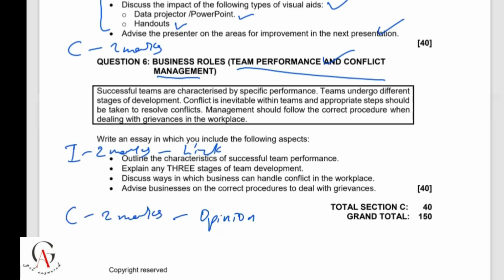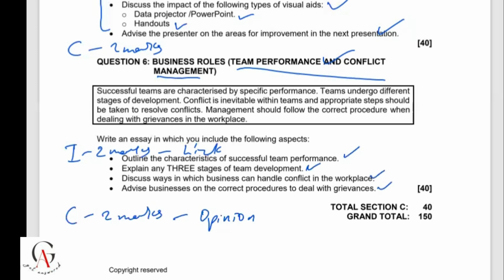Okay, for the introduction, we are going to say that successful teams contribute positively towards the growth and stability of the business. And also that conflict forces businesses to follow necessary steps for specific resolution. So now we are done with our introduction.